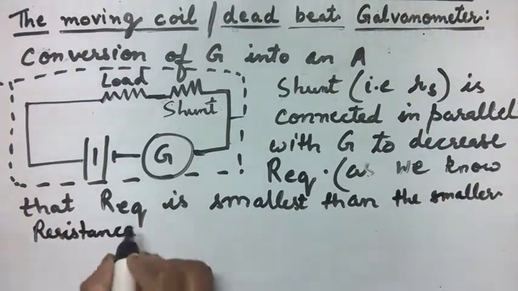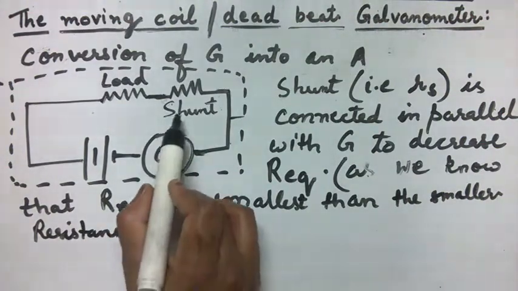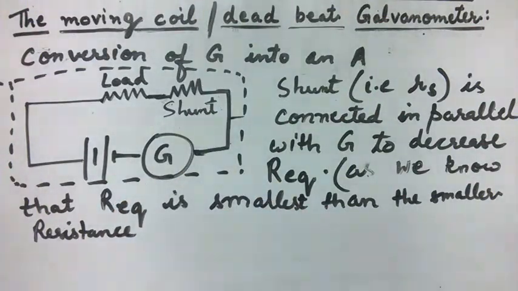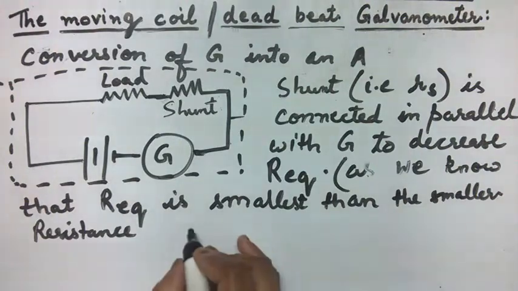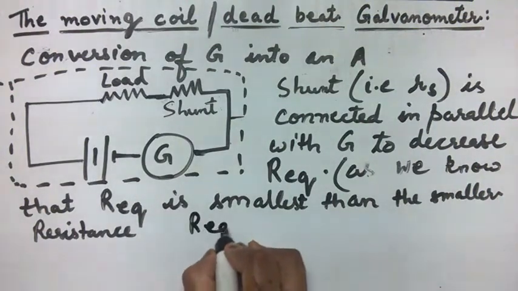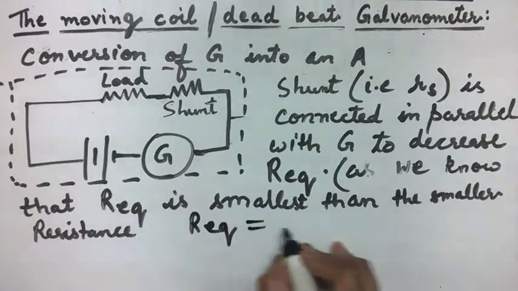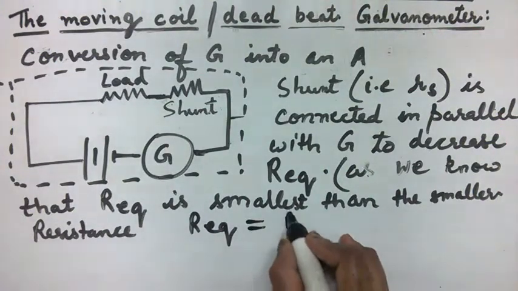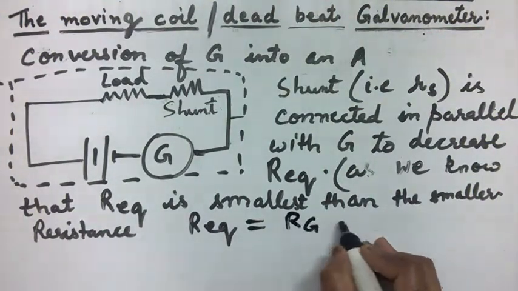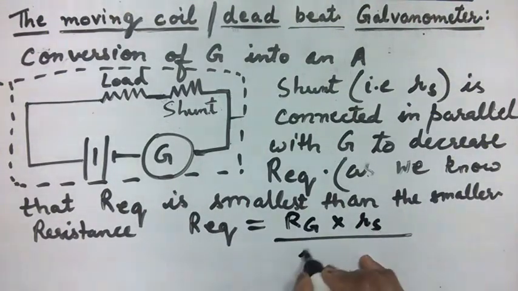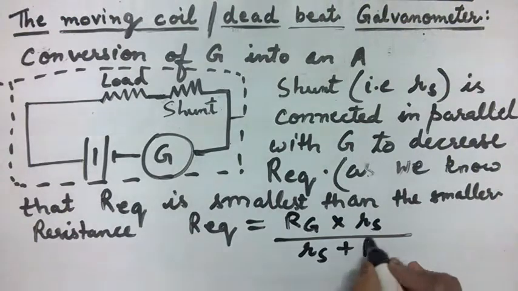That is, R equivalent will be less than the value of the shunt which we are using. Therefore, when we connect the shunt and galvanometer in parallel, R equivalent is equal to the resistance of galvanometer into resistance of shunt by Rs plus Rg.